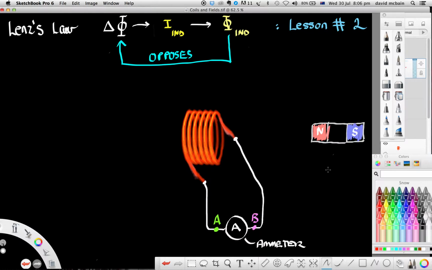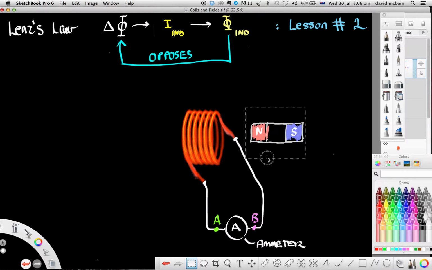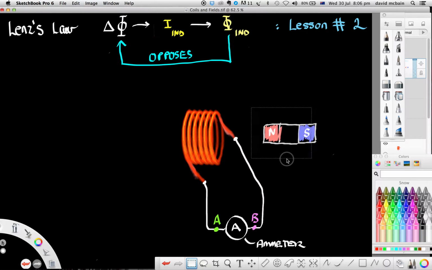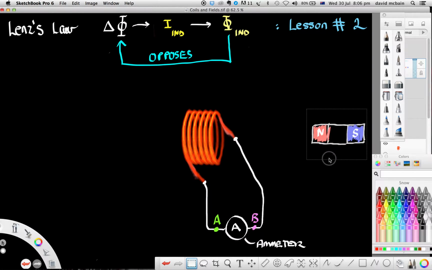And what we're going to do, we're going to move that magnet closer to the coil. So we're going to grab the magnet and move it into the coil like that, from here to here. So that magnet is going to move in that direction.